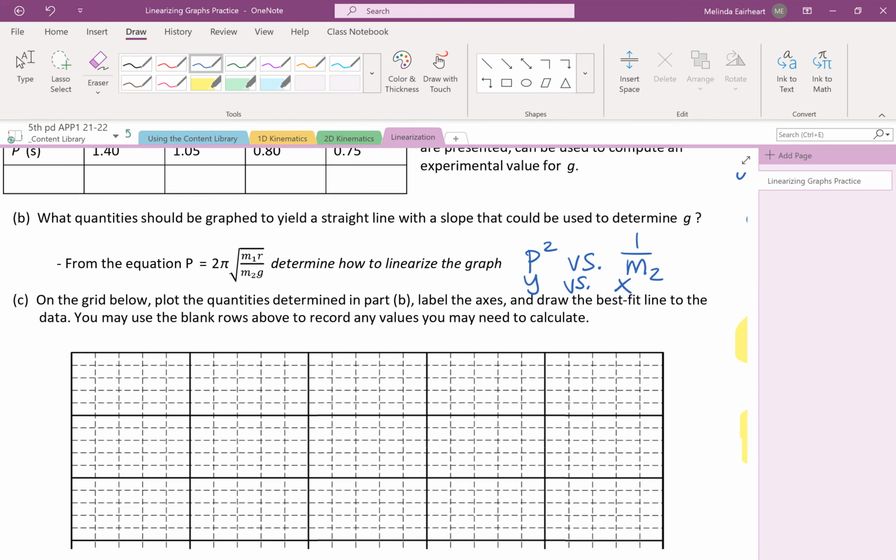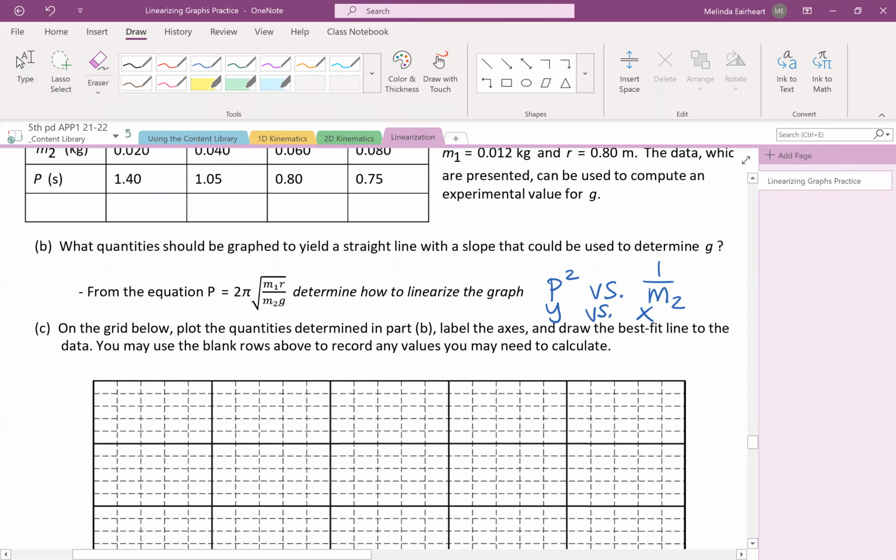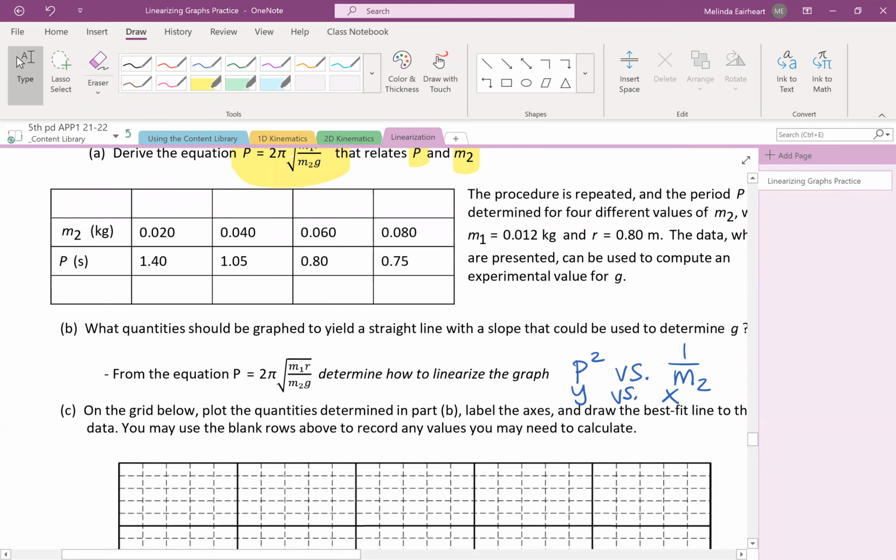We need to go process that information. So calculator's ready. They have mass 2 first. So I'm going to put my inverse m2, which would be an inverse kilogram. And so all those m2s go through and say inverse. So 1 over 0.02, I get 50.